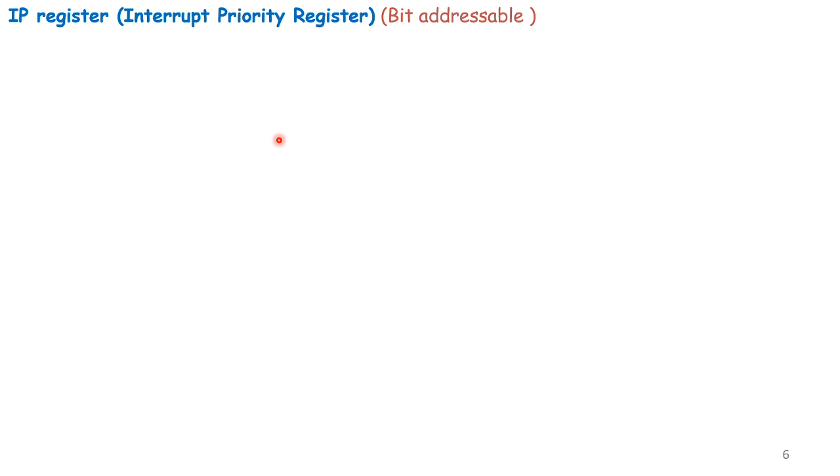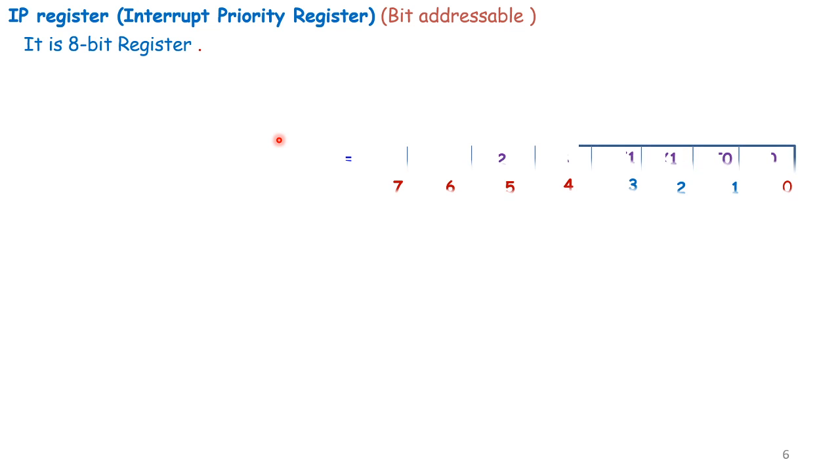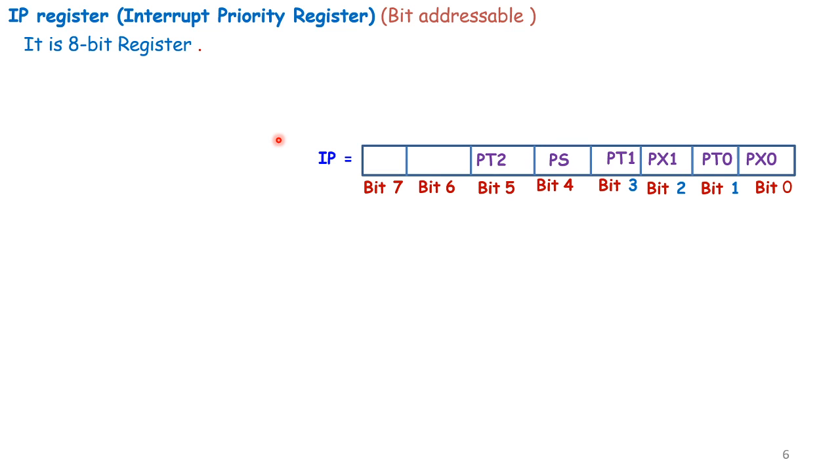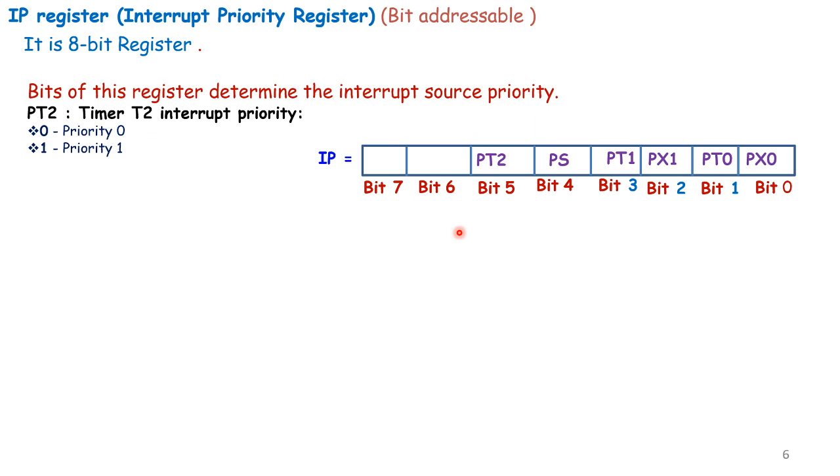So that is the priority of the interrupt. This is an 8-bit register, which is also a bit addressable register, having a format like this. This is IP, the interrupt priority register, and these are its priority bits. This PT2 is used for the 8052 microcontroller. We are having the 8051, so this bit will not be considered.